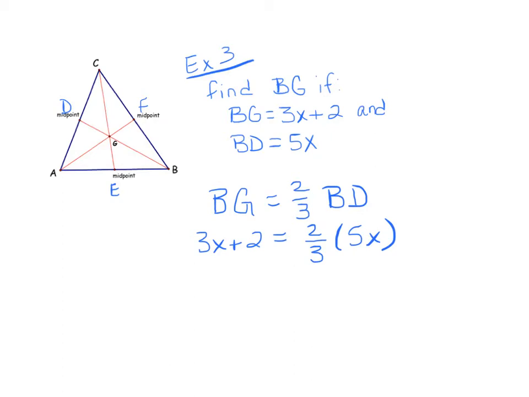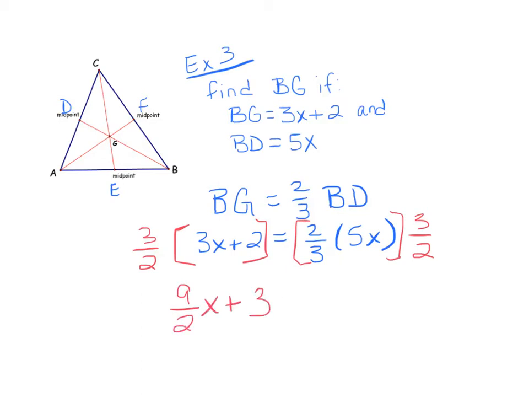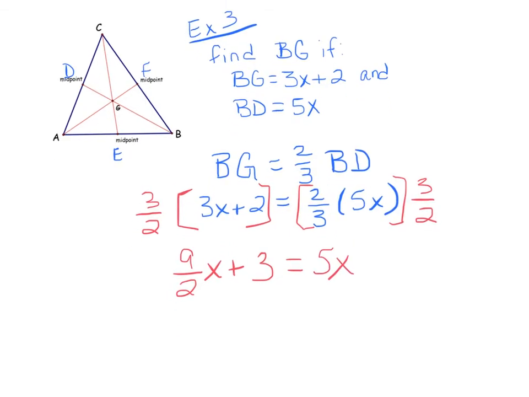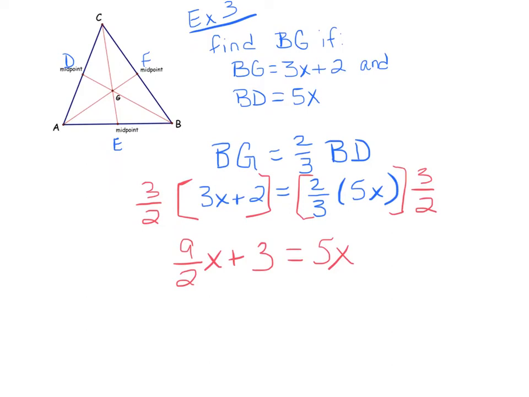So I'm going to multiply both sides by 3/2. And when I do that, I get 9/2 x, don't be afraid of those fractions, plus 3 is equal to 5x. So now let's continue as if this was any other equation. So I get that 3 is equal to 1/2 x, or x is equal to 6.